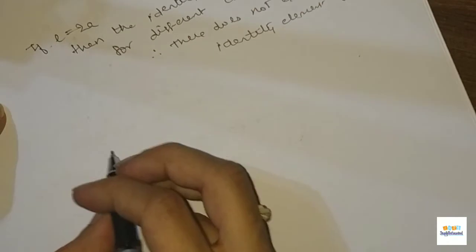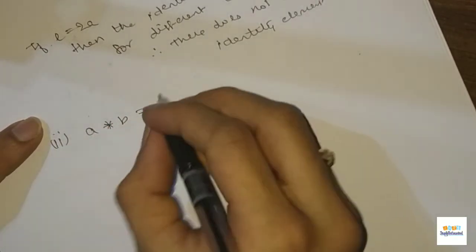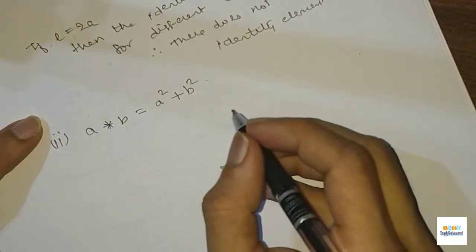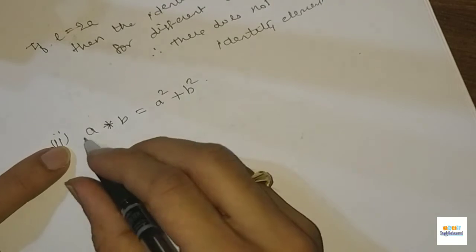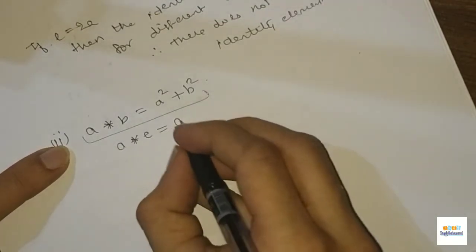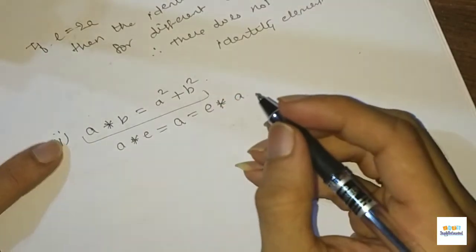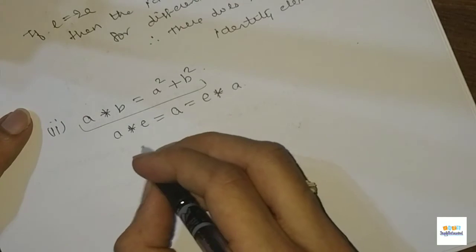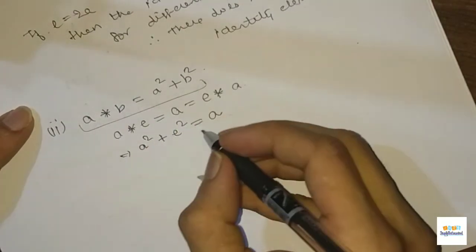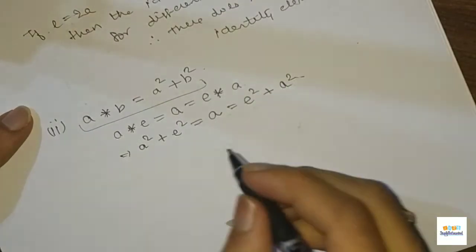Now let us look at the second one. It is a star b equal to a square plus b square. Now if this has an identity element, what should happen? a star e should be equal to a, which should be equal to e star a. So that means a square plus e square should be equal to a, which should be equal to e square plus a square.